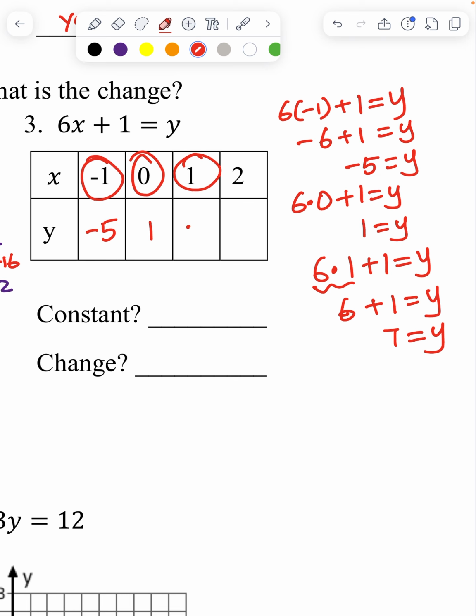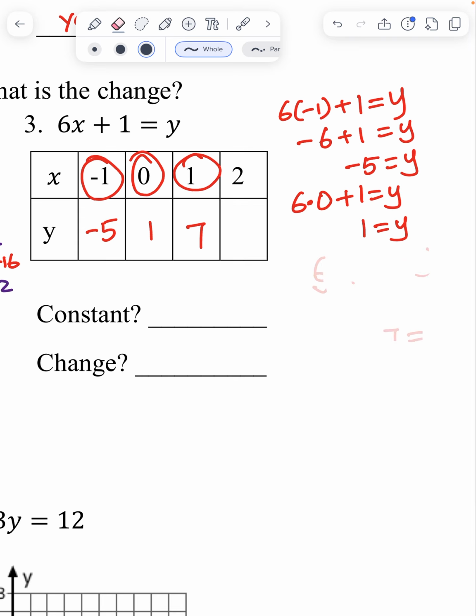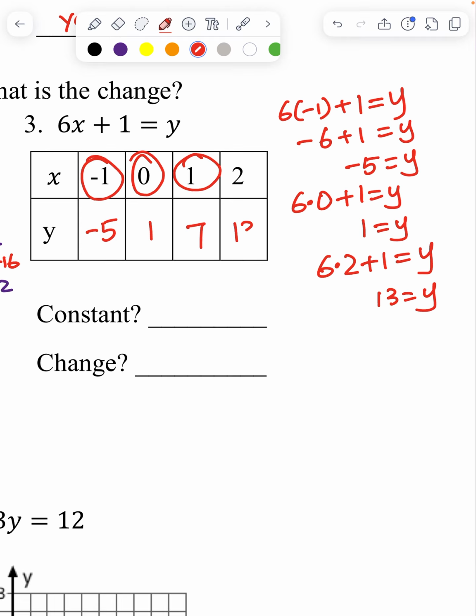So y equal to 7. Okay, now the last one, x equal to 2. That means 6 times 2 plus 1 equal to y. 6 times 2, that's 12. So 12 plus 1, that's 13. So y equal to 13.